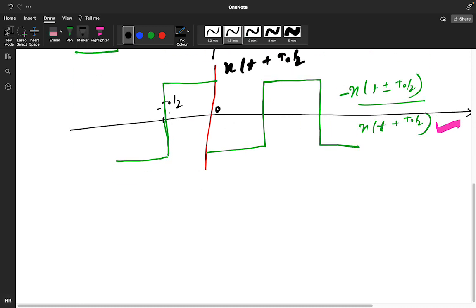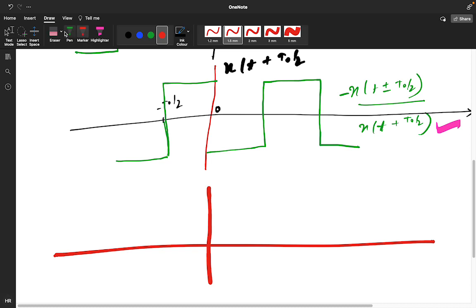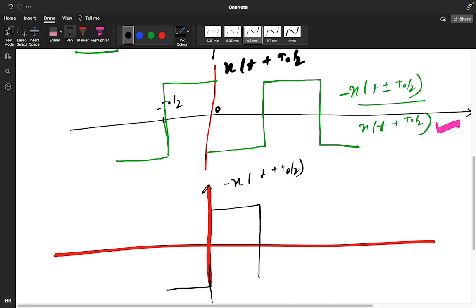Now you need to draw minus x of t plus t naught by 2. So this will come down, this will go upside, down, upside, down, upside.